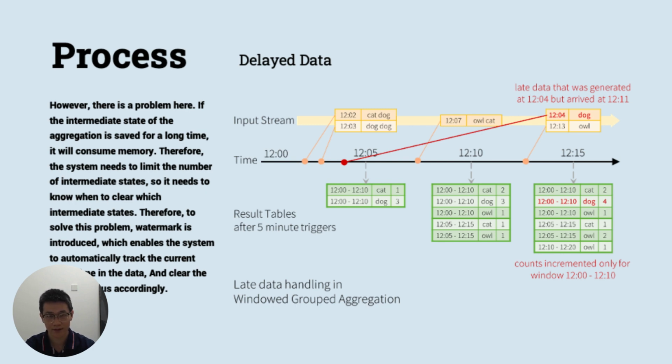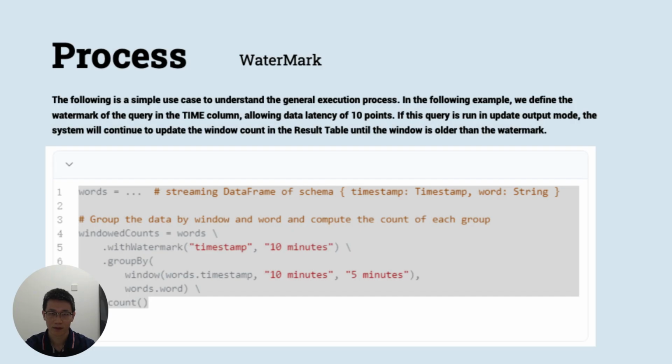Now, let's extend this example to include delayed records. In this scenario, a record with a timestamp of 12:04 arrives after 12:10. It's considered a delayed record and needs to be processed. This detailed explanation of the diagram helps us understand the flow of processing even better.